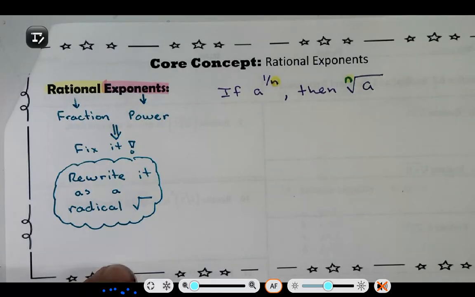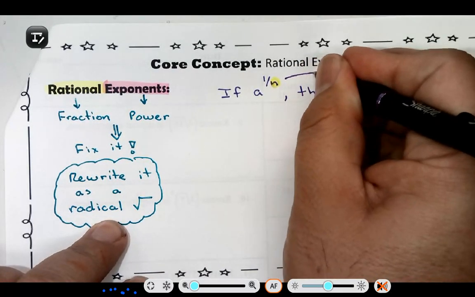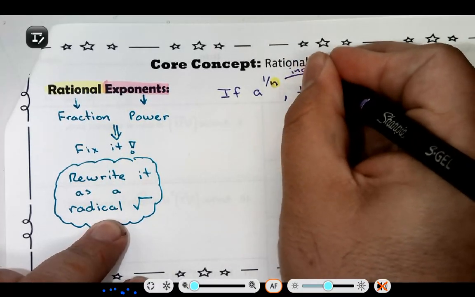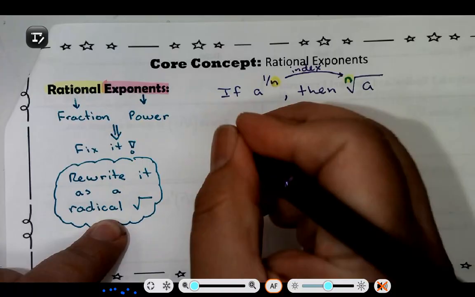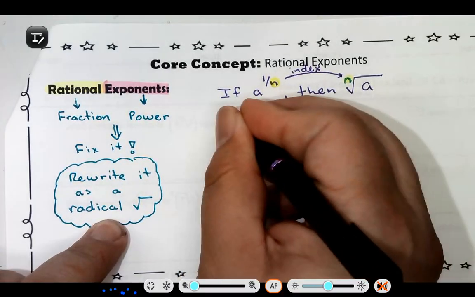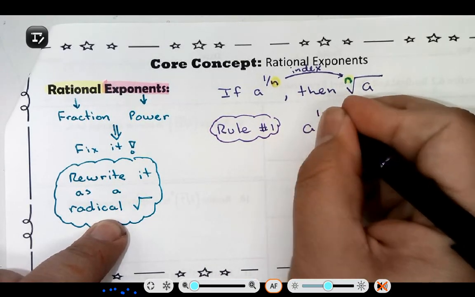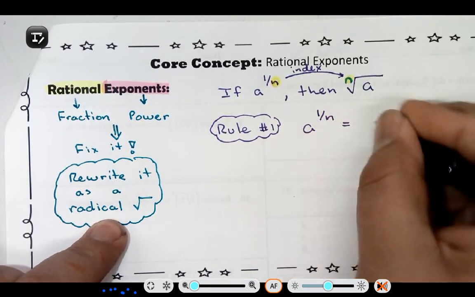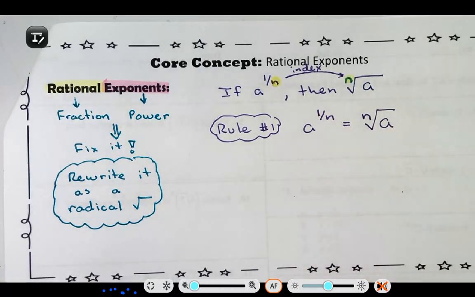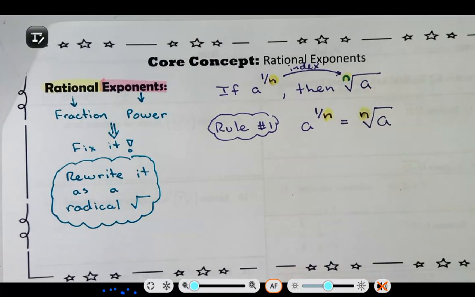So, again, rule number 1: this is the index. Write that in, see if we can make it fit. Rule number 1 says, if you have a to the power of 1 over n, then turn it into the n root of a. Again, your index is your denominator.